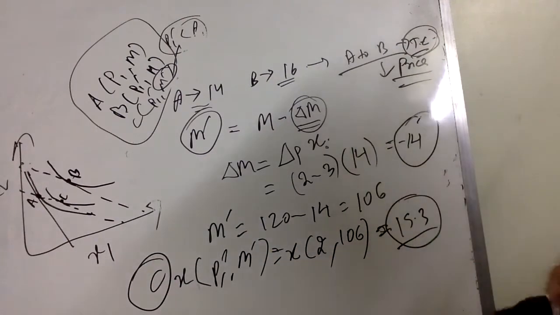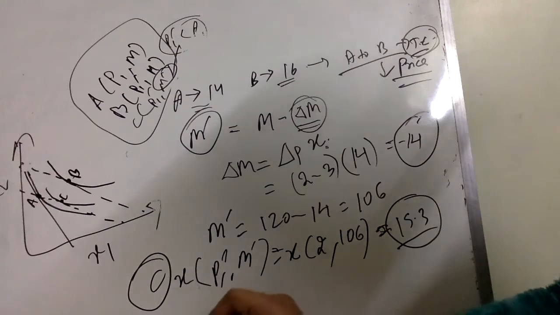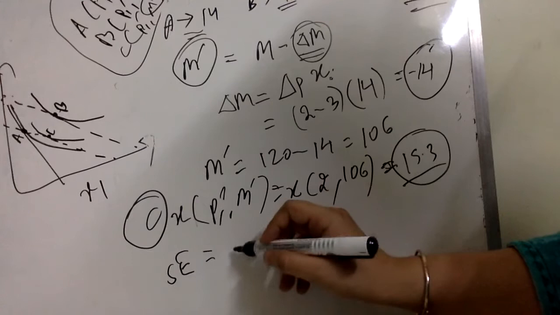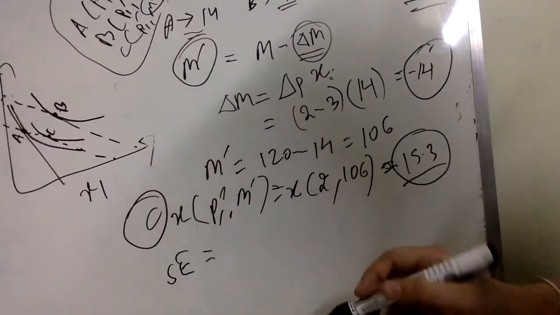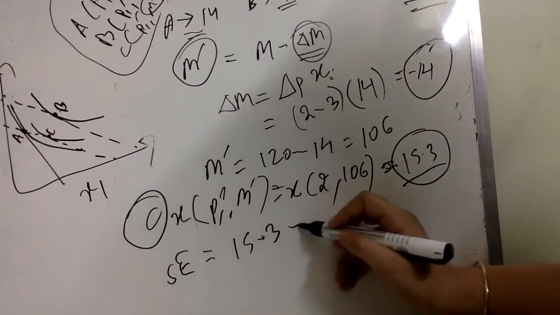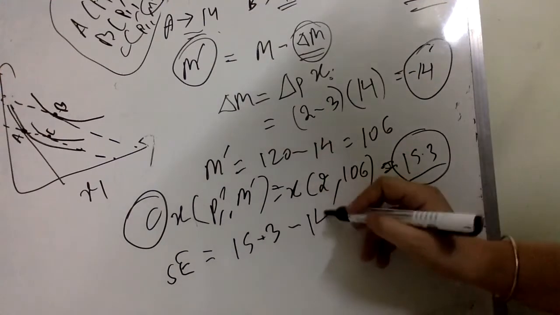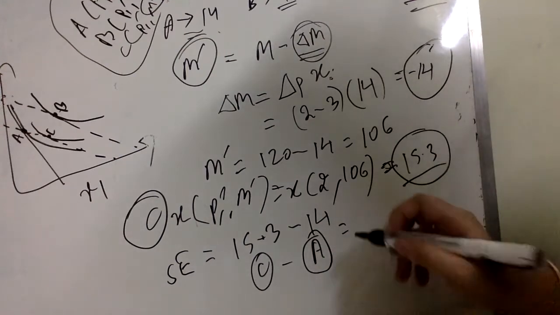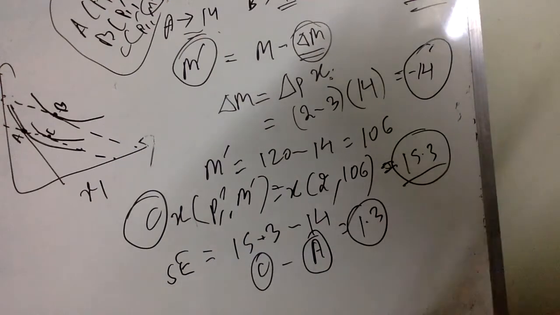So how much is the total substitution effect? The substitution effect is equivalent to the difference between consumption at point C and point A, which means 15.3 minus the original 14. This gives me a substitution effect of 1.3.